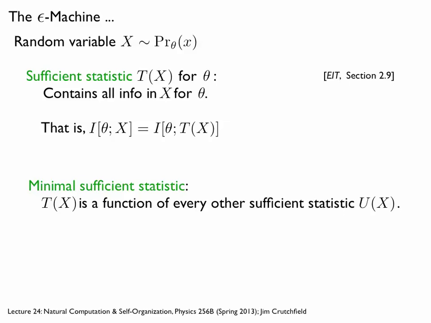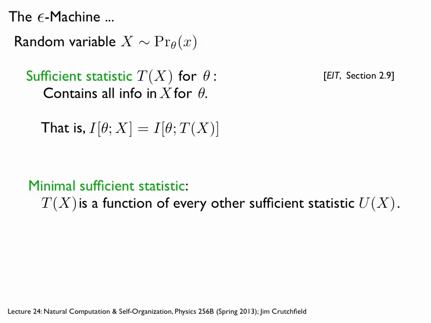Okay. So the idea of a sufficient statistic is that this function of x contains all of the information you need to estimate theta. Or said this way, when we compare things, what do we use? We use mutual information. So the information theoretic recasting of this concept of sufficient statistic is that the mutual information between the random variable and the parameter you're interested in is the same as the mutual information between this function you're calculating of x and the parameter.